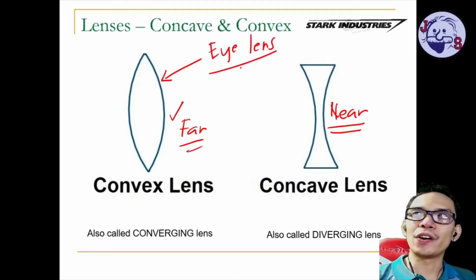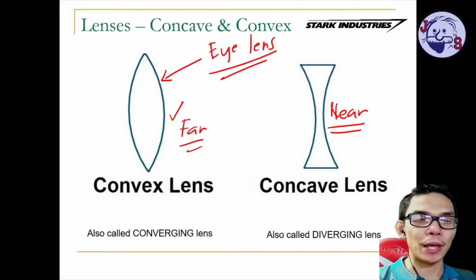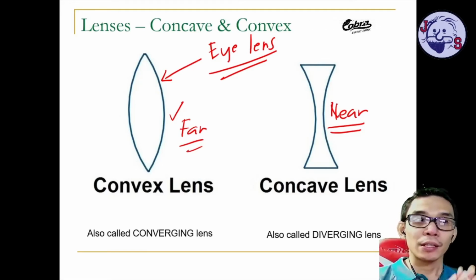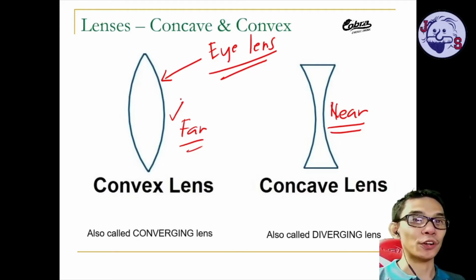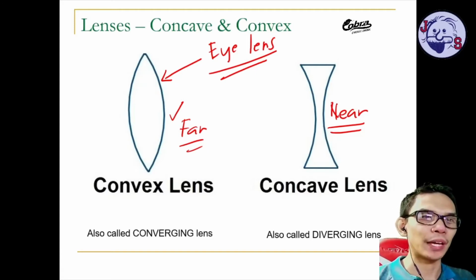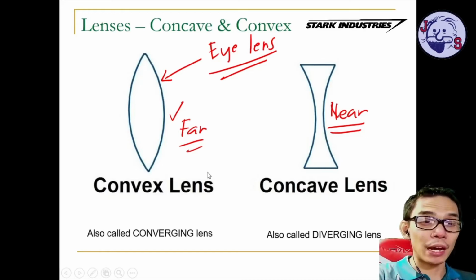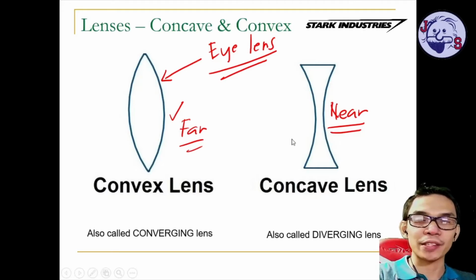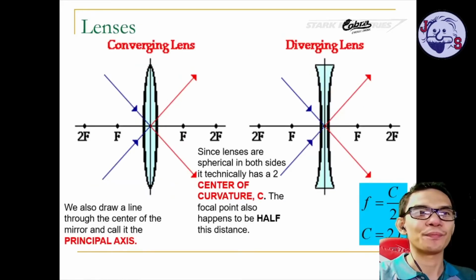Whether you have a farsighted or nearsighted problem, the part of the eye with the specific problem is the lens in your eye. In order to correct that, the ophthalmologist will prescribe a convex lens if you are farsighted, and a concave lens if you are nearsighted. So that is the idea there.